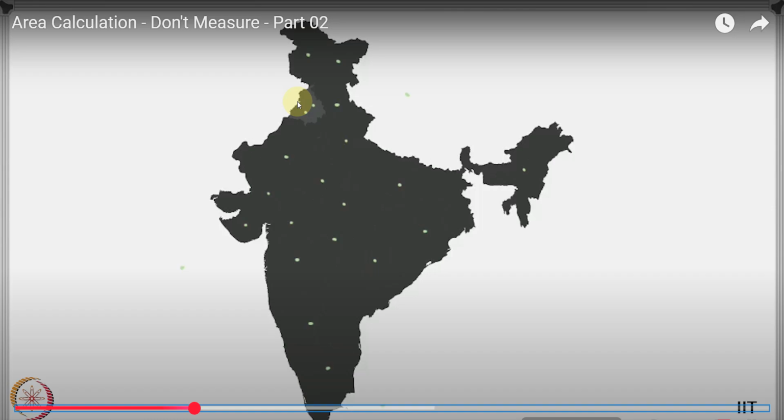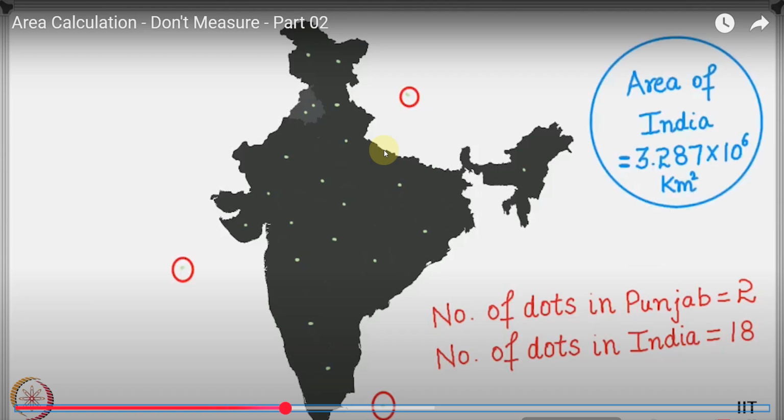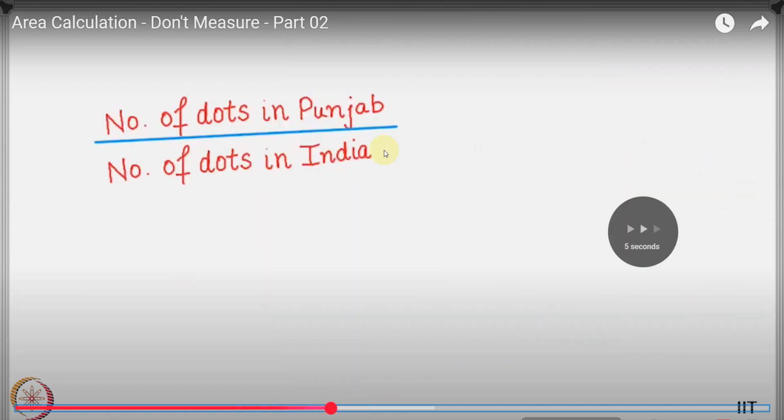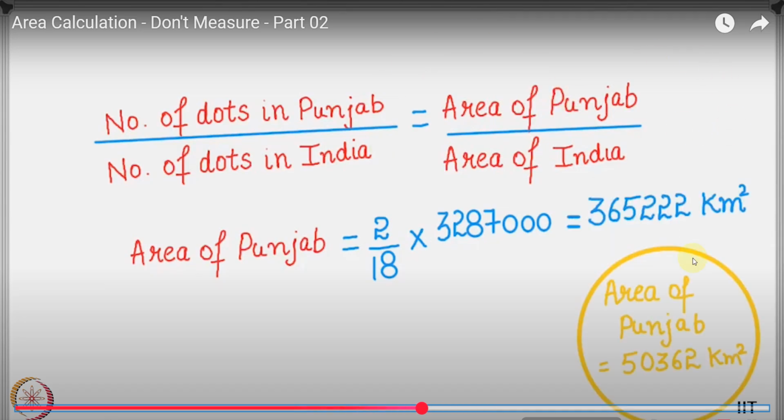She counted the total number of dots, and then counted the number of dots on India and the number of dots in the area of Punjab. The number of dots in Punjab by the number of dots in whole India is equal to the area of Punjab by the area of India. It came out that the area of Punjab is coming too large by this estimation.